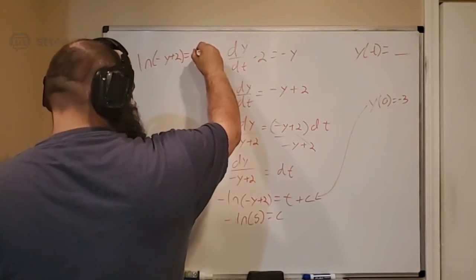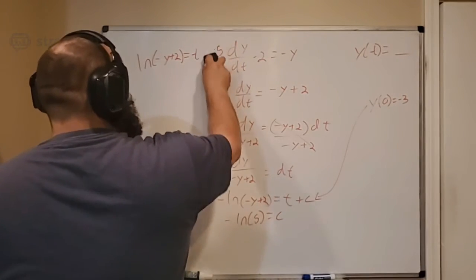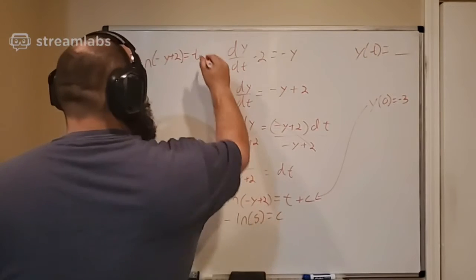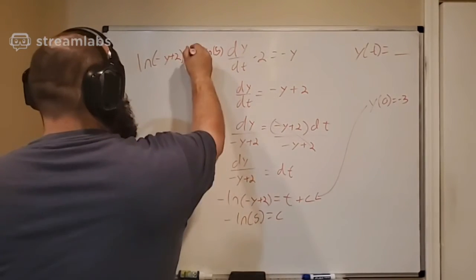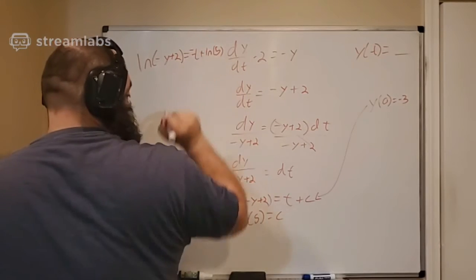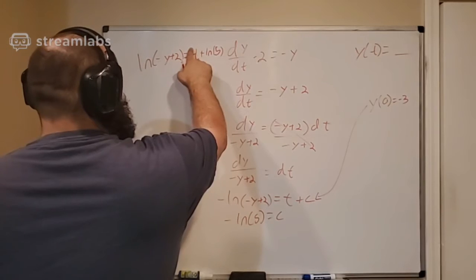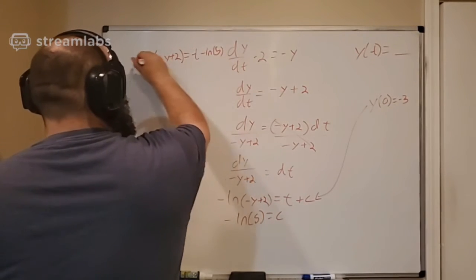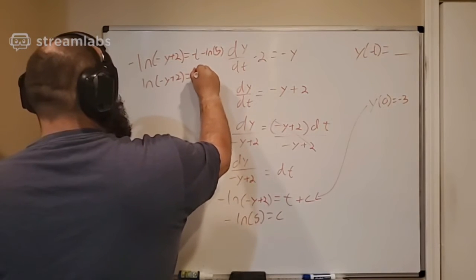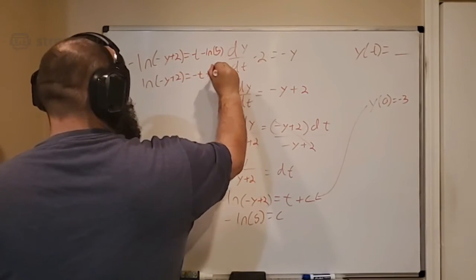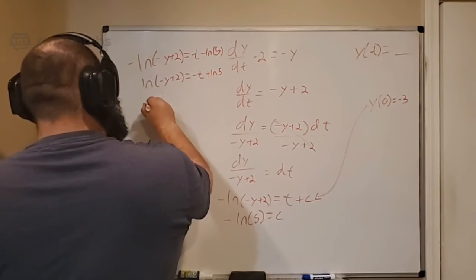Sorry, negative t plus ln 5. I guess we'll do that, and then you get ln of negative y plus 2 is equal to negative t plus ln 5. E both sides, so negative y plus 2 is equal to e to the negative t plus ln 5.